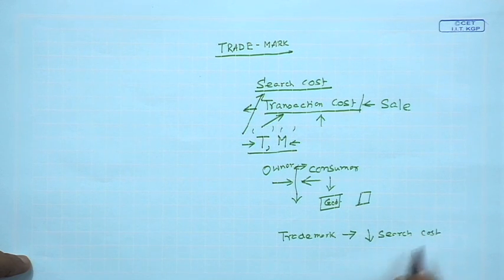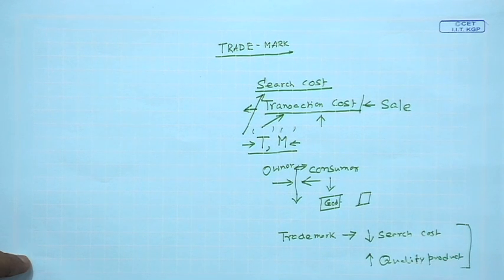Okay. So, it provides quality products. By virtue of that, we can consider that by reducing search cost and providing quality products, it definitely plays an important role from a market or trade perspective.